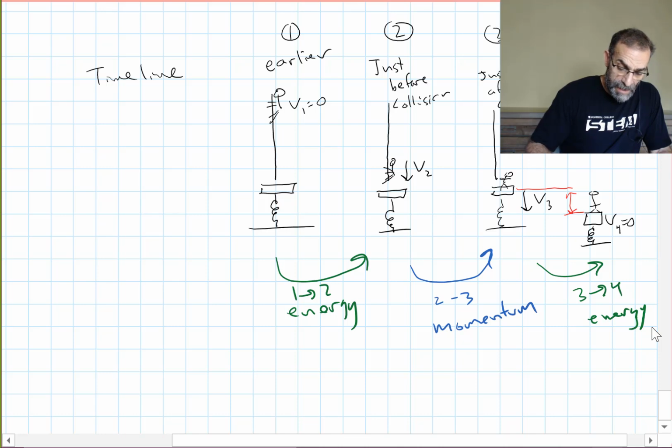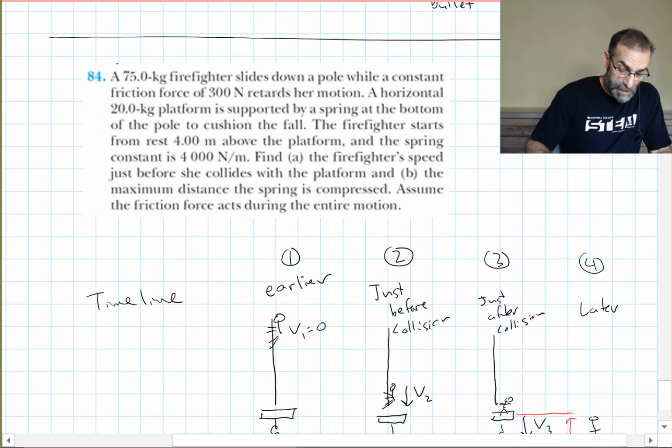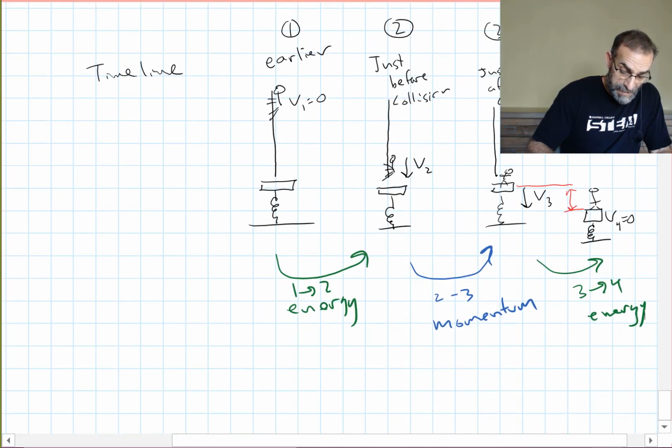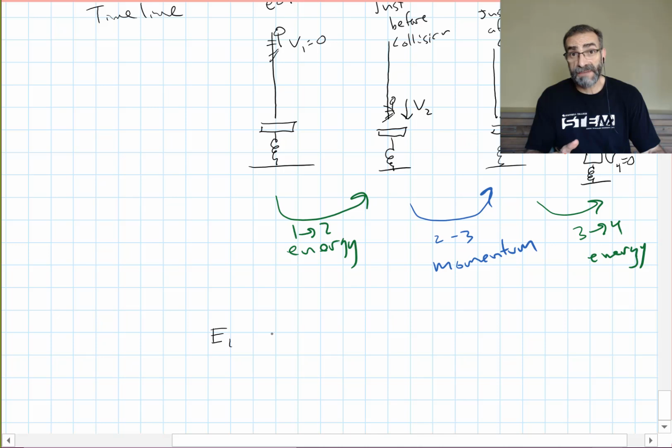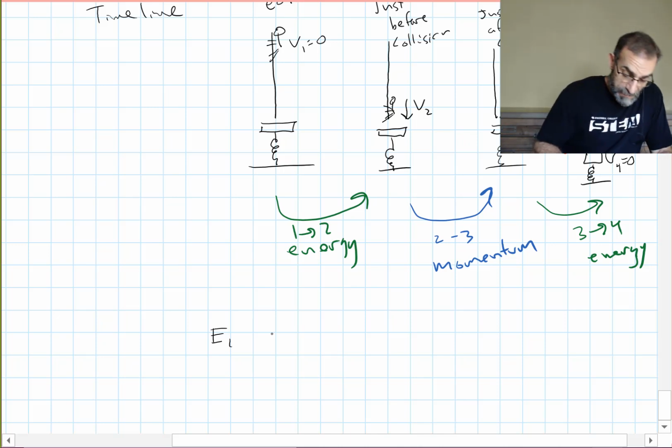What are we doing? We're trying to find the final spring compression at the end, right? So going from 1 to 2, energy at 1 is not going to equal the energy at 2 because there's some friction now. Energy at 1 is all gravitational.